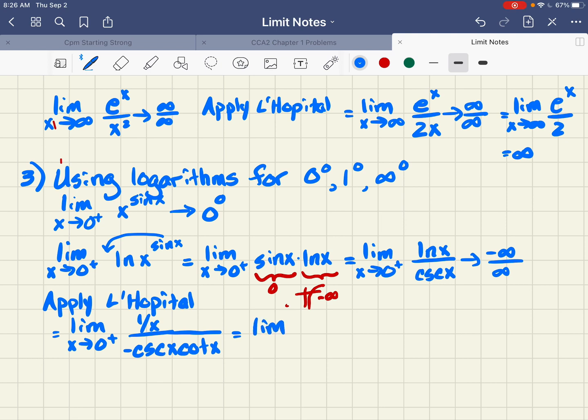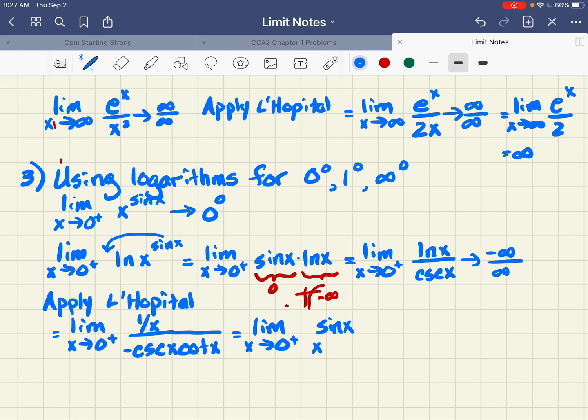Limit as x heads to 0 from the right. So this would be 1, x would go on the bottom. Cosecant is 1 over sine, so I could put a sine on the top.